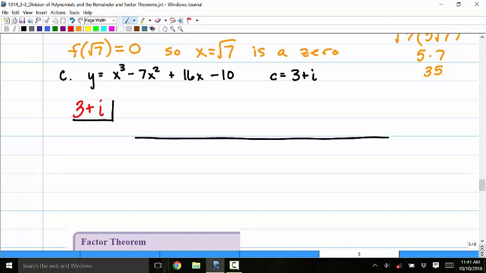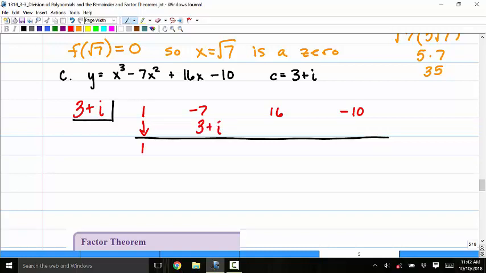What are your coefficients? 1, negative 7, 16, and negative 10. Bringing it down, you get 1. What is 1 times 3 plus i? Just 3 plus i.